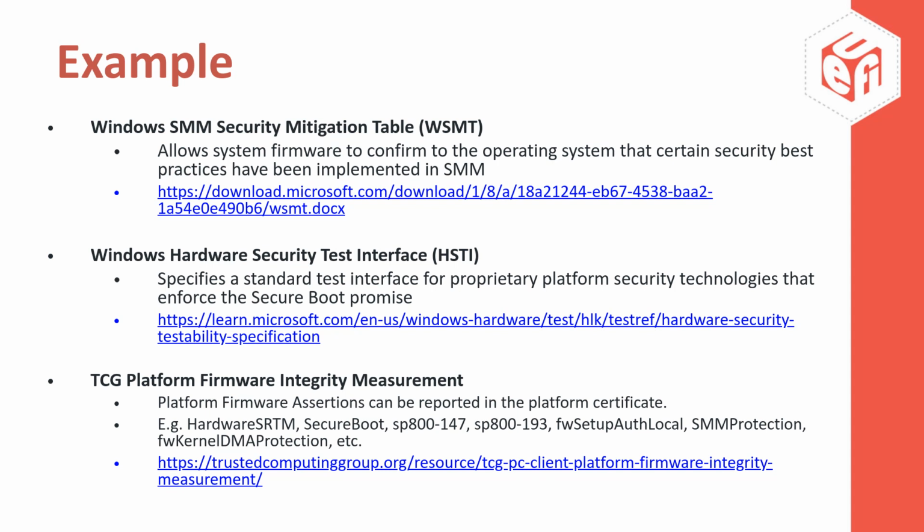Last, the TCG Platform Firmware Integrity Manifest specifies that the platform firmware assertions can be reported in the platform certificate. For example, the hardware SRTM, Secure Boot, SP800-147 Secure Boot, Secure Update, SP800-193 Firmware Resilience, also firmware setup authentication, SMM protection, and the kernel DMA protection, etc.